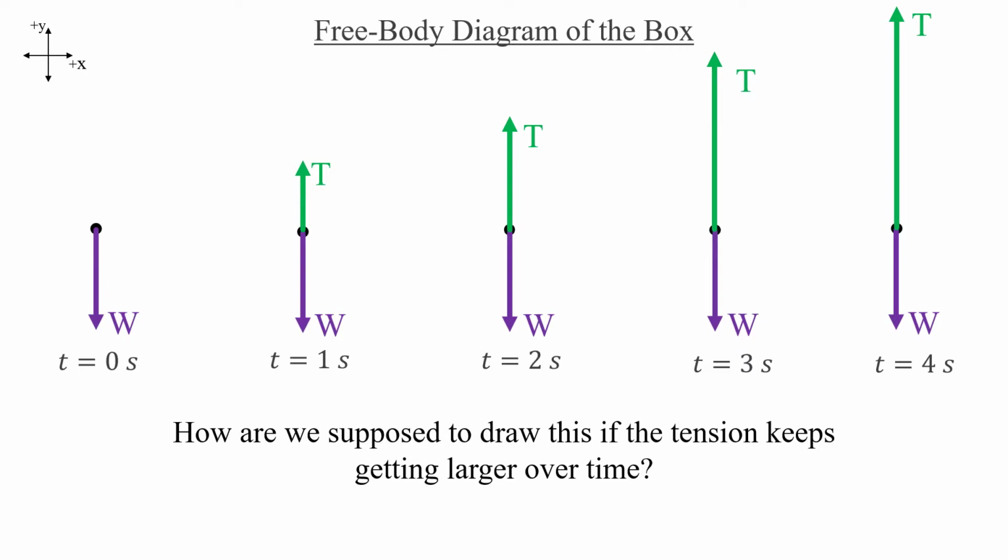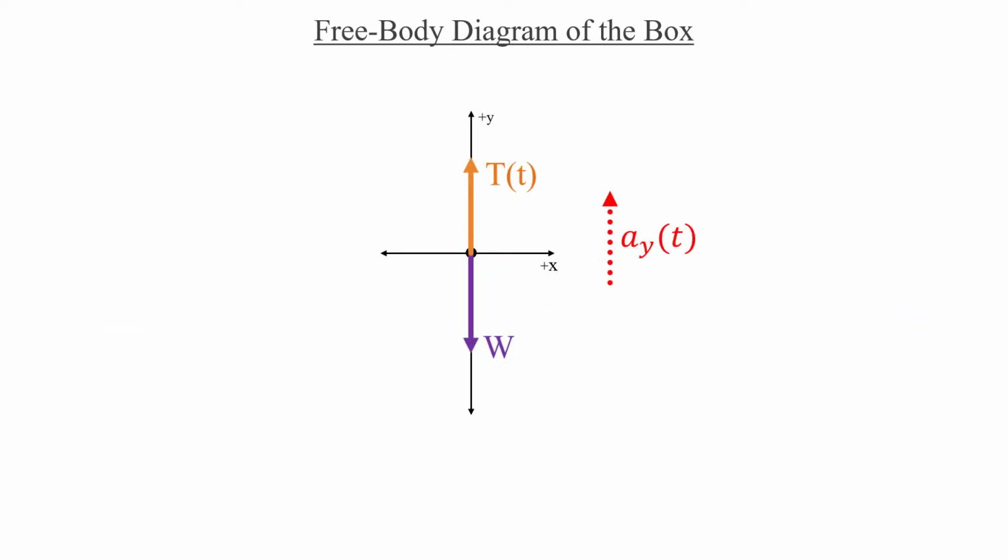One thing that I would recommend is just draw the coordinate system like you would anyway. We have the x and the y in their familiar positions. Weight is still in the same position, but instead of the tension just being capital T, we're going to write it as capital T as a function of t, because the net behavior of the tension is going to be positive.